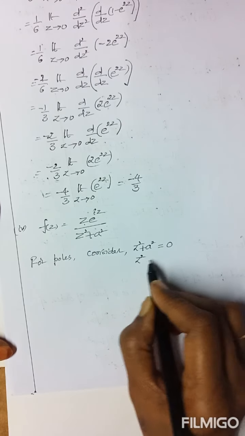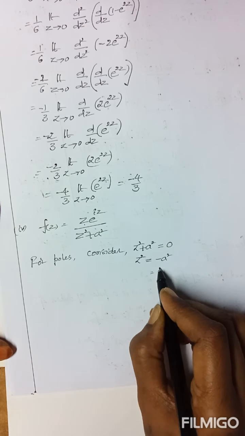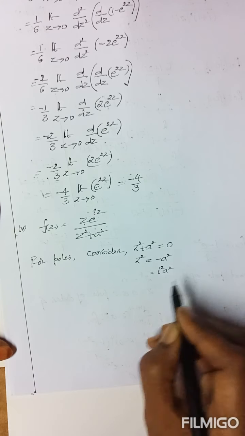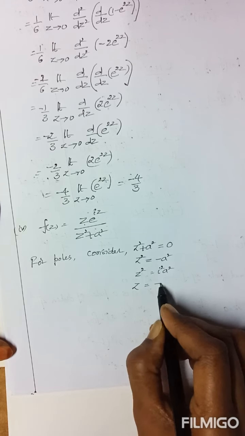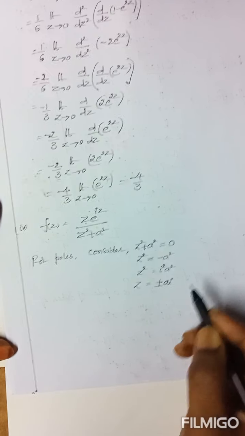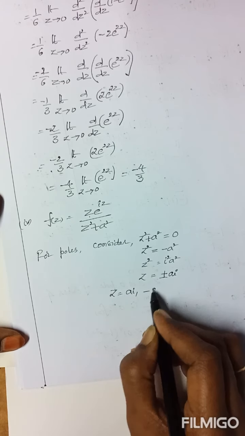Z square equals minus a square. Minus 1 can be written as i square, so a square times i square. Z square equals i square a square, z equals plus or minus ai. Now z equals ai and minus ai.